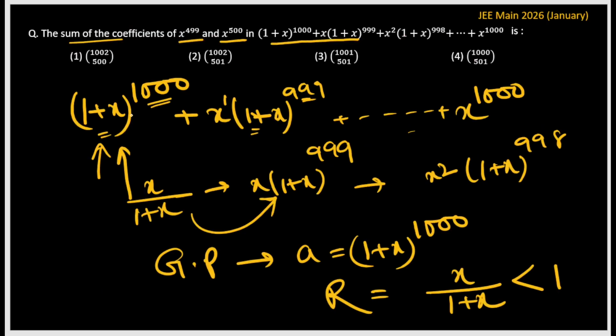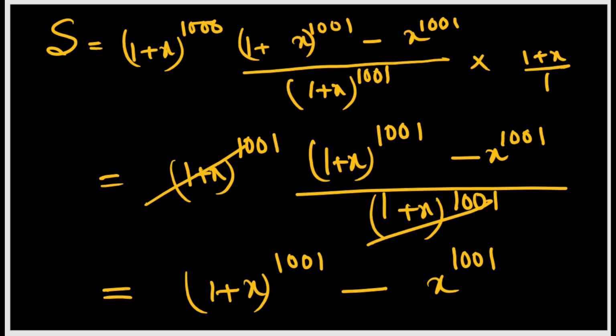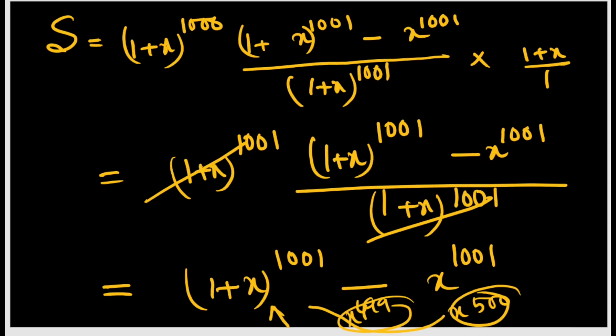In the question, we are actually finding the x power 499 and x power 500 coefficients. So in the sum, we get 1 plus x power 1001 minus x power 1001, and only the terms x power 499 and x power 500 are involved. So we expand this term, 1 plus x to the power 1001, in binomial expansion.